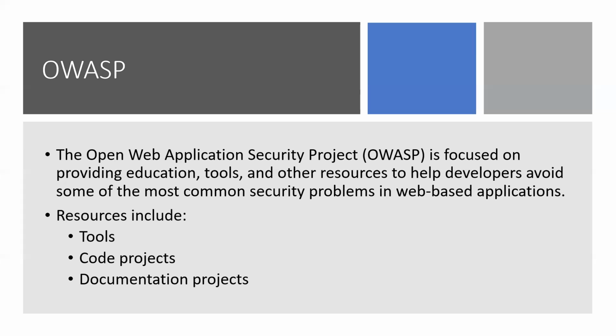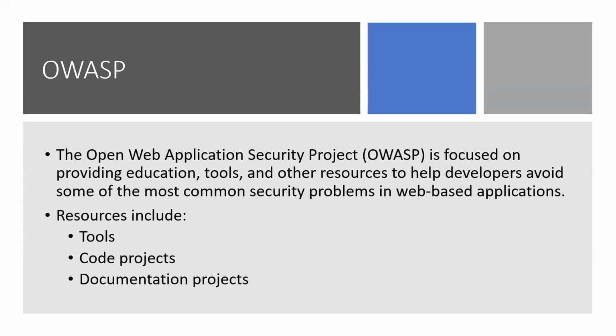For code projects, they created the ModSecurity CRS, or Core Rule Set, which are generic attack detection rules that can be used with web application firewalls, and OWASP CSRFGuard, which prevents cross-site request forgery, or CSRF, attacks.